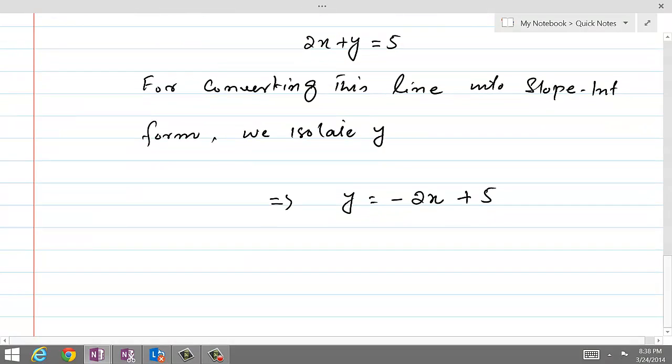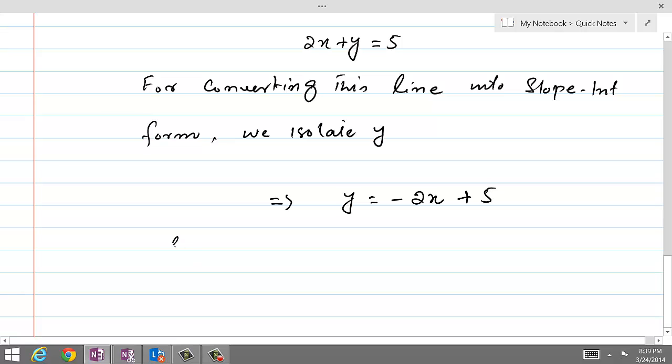Now because this is slope intercept form, we have a 3-point strategy. The first, isolate y. Number 2, make 2 observations: the coefficient of x is the slope of the line.